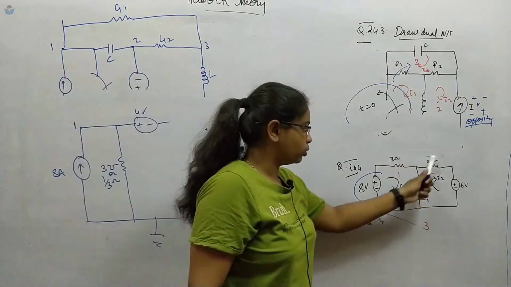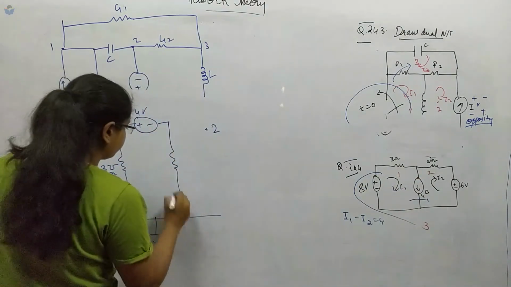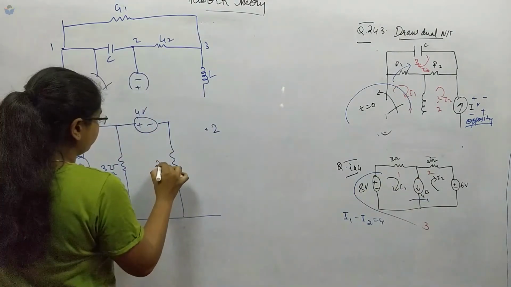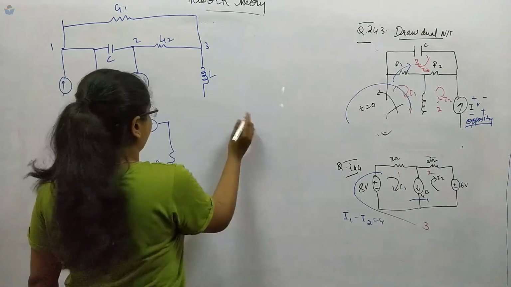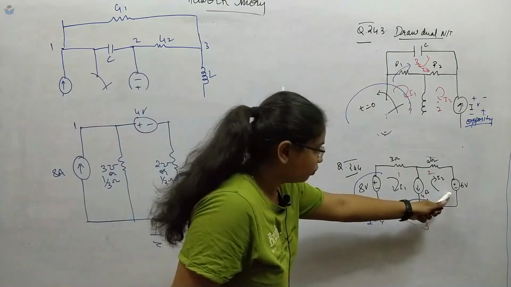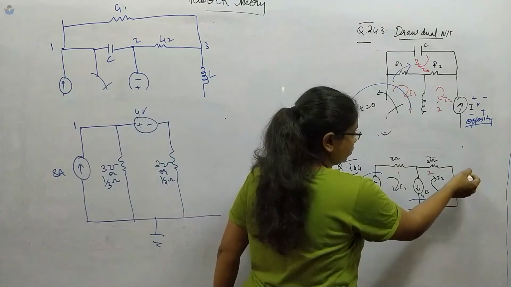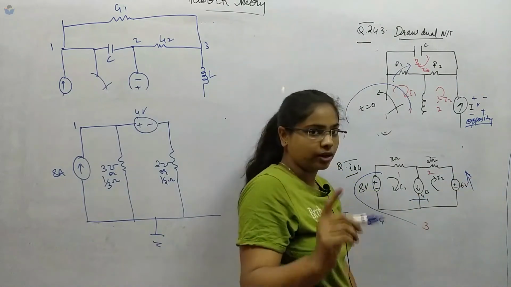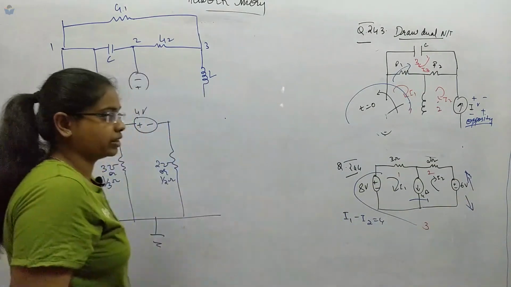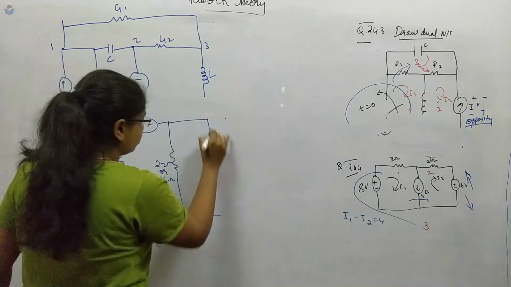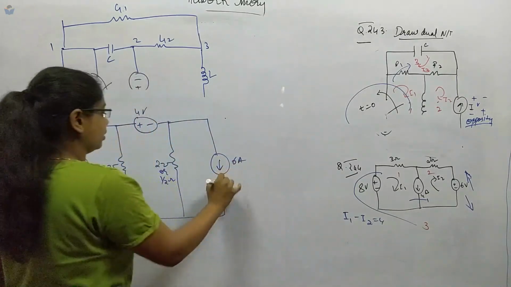Next, between 2 and 3 we have a resistor of 2 ohms, which is converted to 2 Siemens or 1/2 ohms. Again we have a voltage source, and we have to take the opposite polarity. If we do not take the opposite sign the current direction will be like this, but it will be downward when we consider it as a right-hand side source. So this will be a 6 ampere current source.